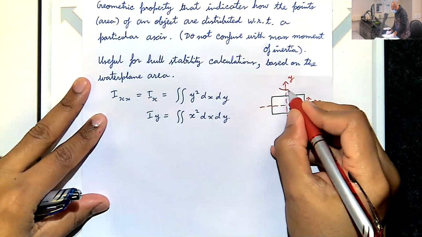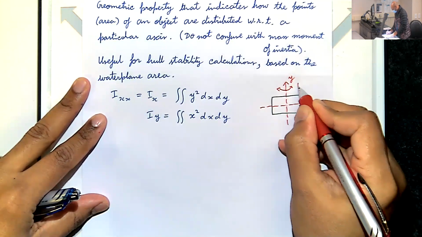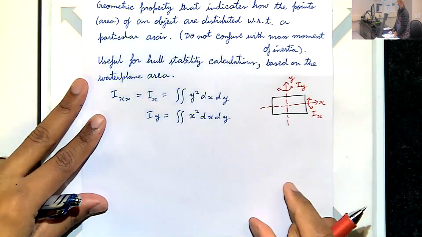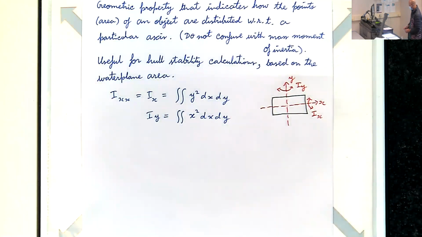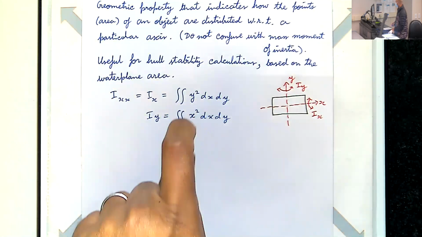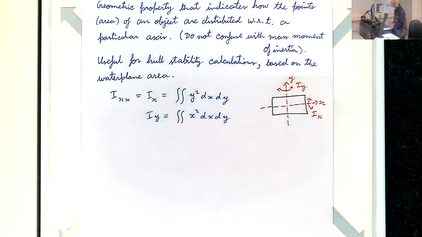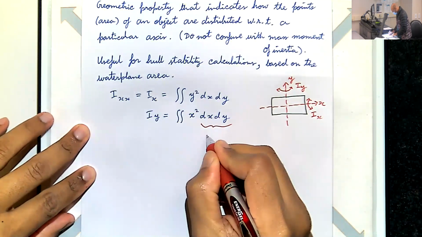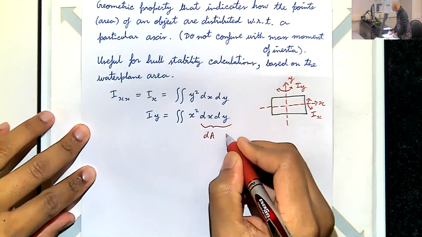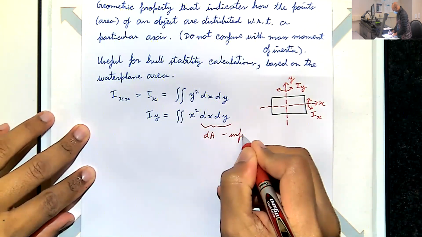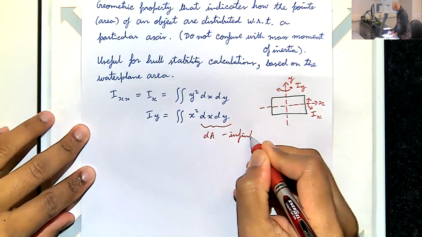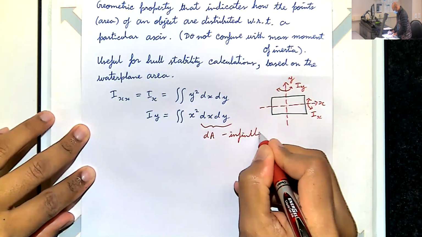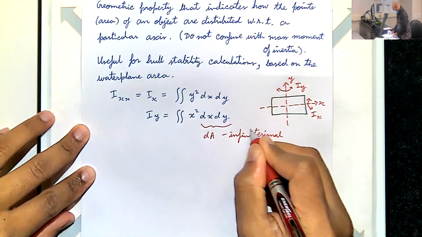If it rotates about the other axis, we want to talk about Iy. And I'll tell you more about why it's y squared and why it's x squared. One more thing to keep in mind: dx times dy is d area, the infinitesimal area.